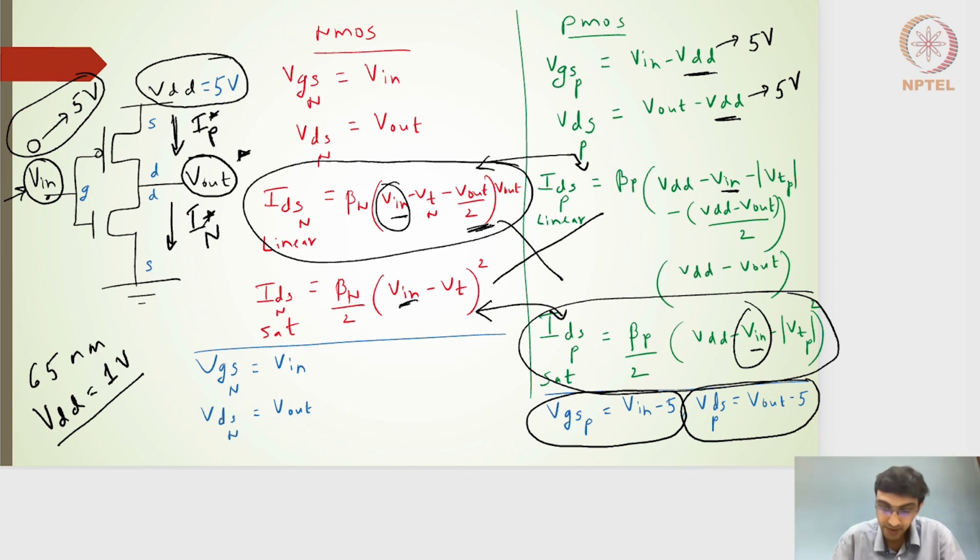If I do this mathematical equation, I will have V output as a function of V input, and if I know the V input value, I should be able to estimate the V output.